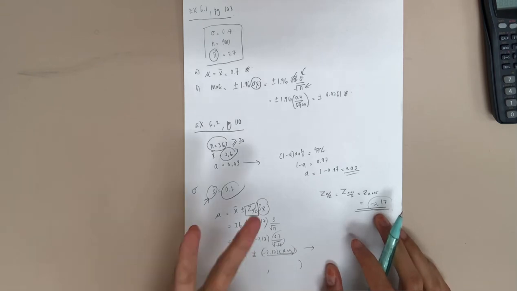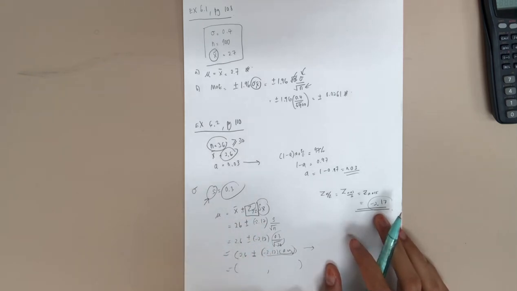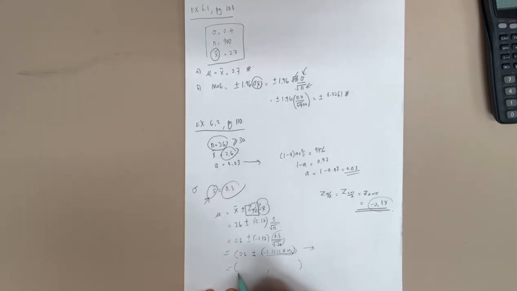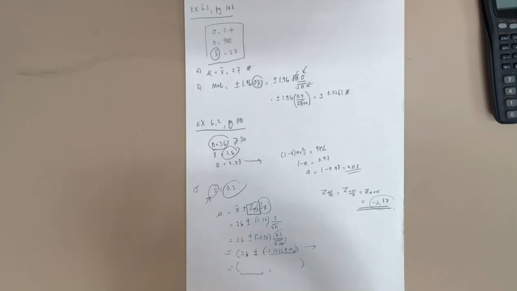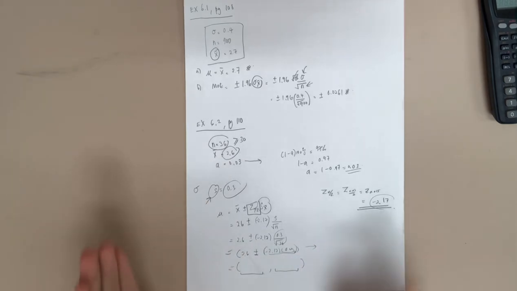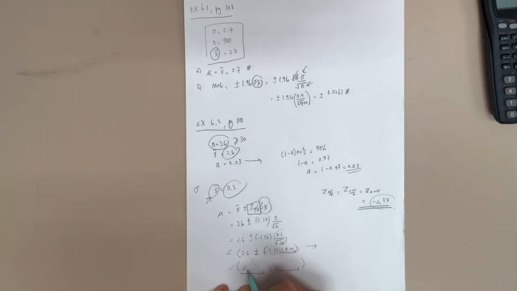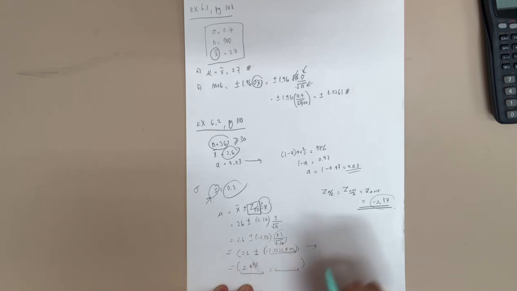So you will get two values. Then you substitute into the interval and make sure the left-hand side is less than the right one. The order must be that the first is smaller than the one after. So you should have 2.4915 and also 2.7085. So that's the answer.